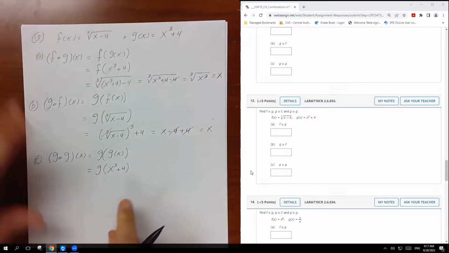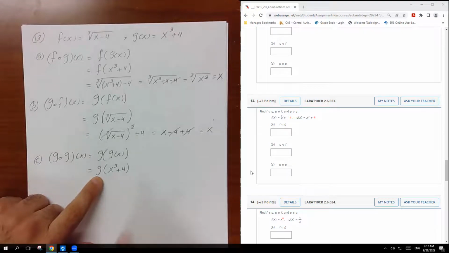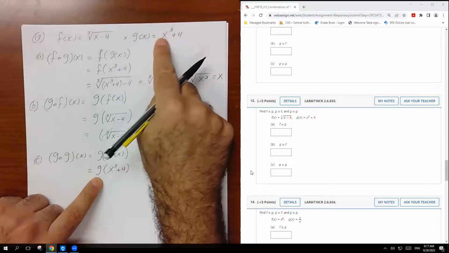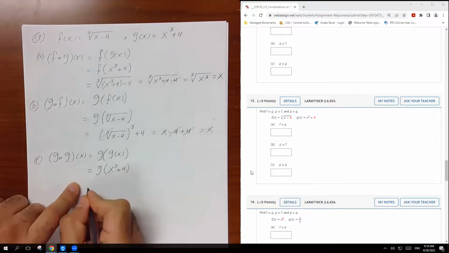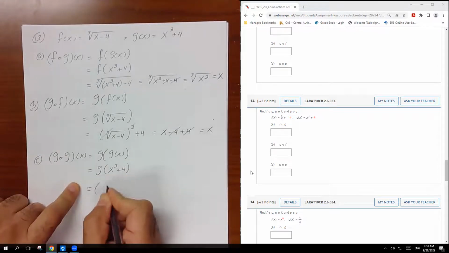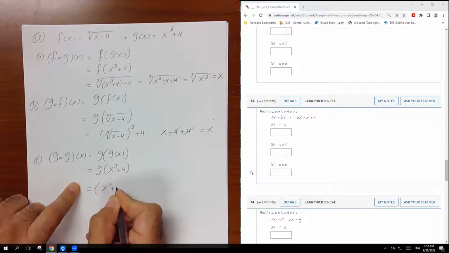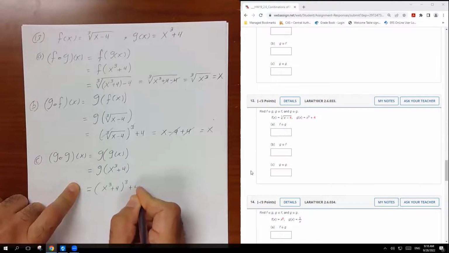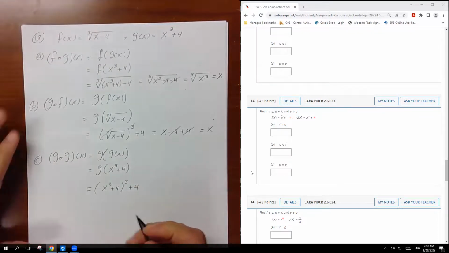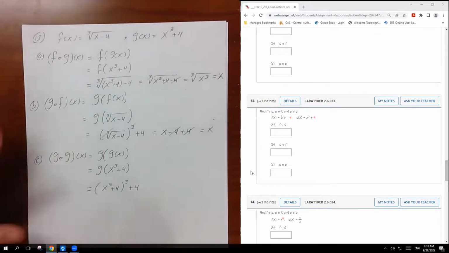Now I'm going to go again to the same function and plug in, instead of each X, X cubed plus 4. So this one is going to be X cubed plus 4, cubed, plus 4. You don't have to simplify it. Just keep it like this. This is going to be right, 100%.